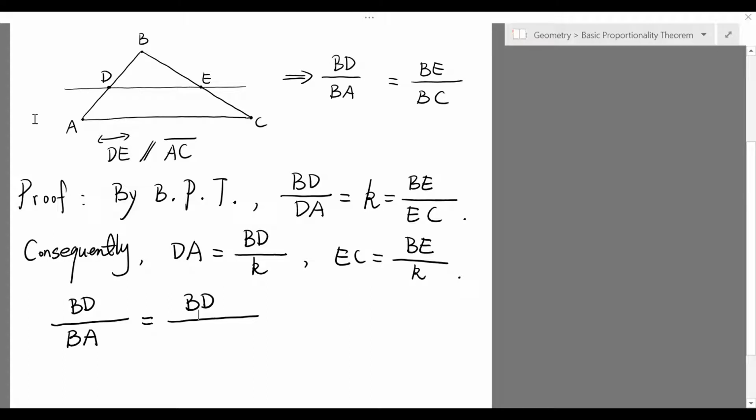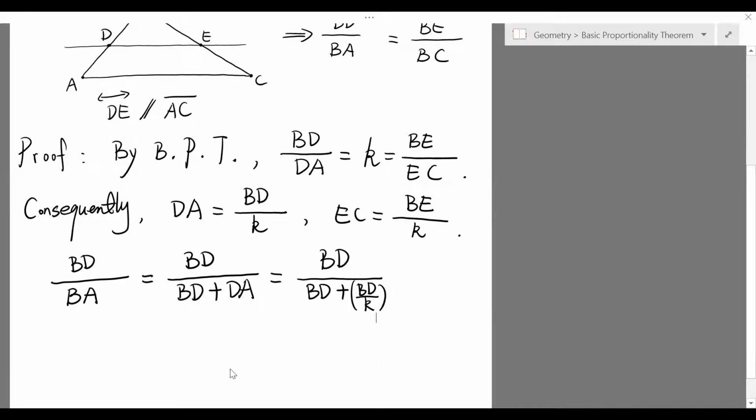So we could simply write the length of the side BA as the length of BD plus the length of DA. However, with our last observation, DA is equal to BD over k. Hence, we could substitute the expression in terms of BD in place of DA.